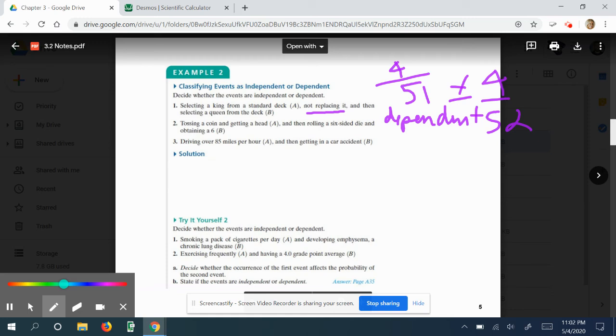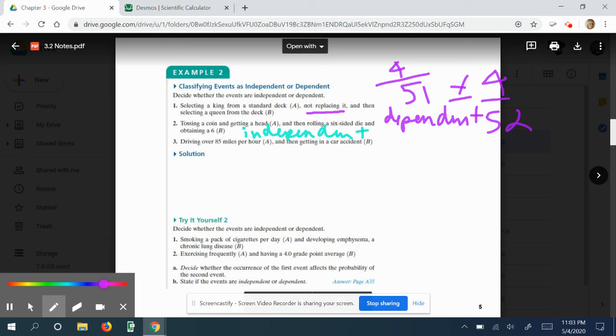Next one, tossing a coin and getting a heads, and rolling a six-sided die and obtaining a 6. Notice those don't depend on each other, right? So we call those independent. Okay, those are independent events. Then, okay, right here, driving over 85 miles per hour and getting in a car accident.